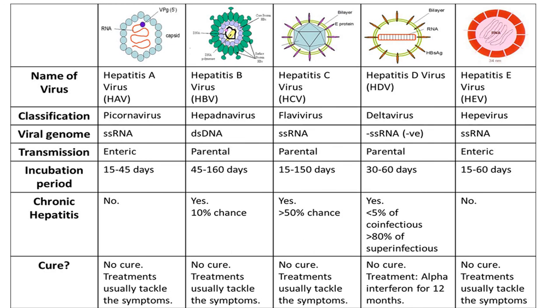For hepatitis B, it is 45 to 160 days. For hepatitis C infection, it is 15 to 150 days. For hepatitis D infection, it is 30 to 60 days. And for hepatitis E virus, the incubation period is 15 to 60 days.